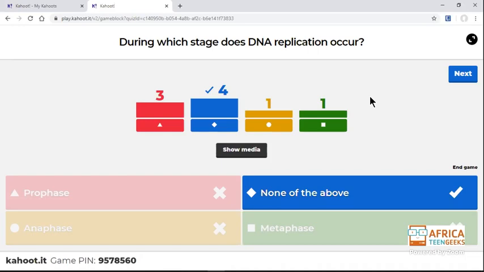So remember, DNA replication occurs during interphase. So DNA replication occurs during interphase. That is when our cell grows. Nope, it's not telophase, Zach. It's interphase.